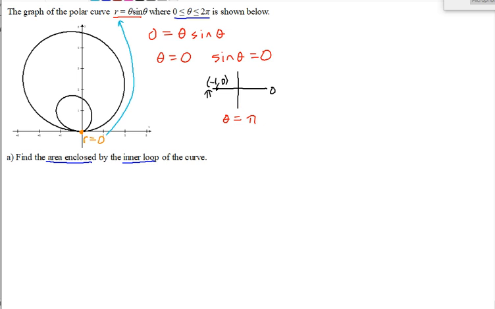The only question is, does that give us the inner loop here, or is that maybe the outer loop? So to see if these are the right starting and stopping angles for the smaller loop, the easiest thing to do is probably substitute in an angle between 0 and pi, like pi over 2. So if we substitute in pi over 2, we'll get r equals pi over 2 times the sine of pi over 2.